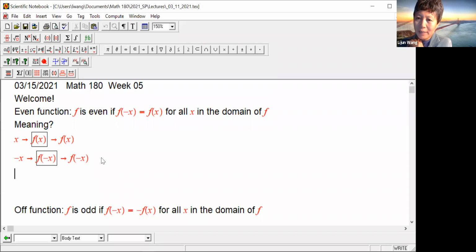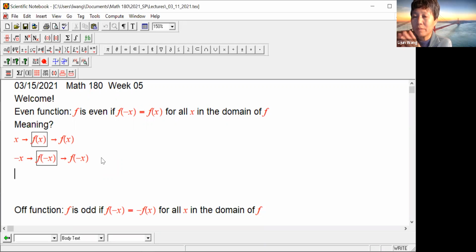What does that make of a graph? Think about a graph. First of all, you can see the domain of this function will have to have both positive numbers and negative numbers. And what else?